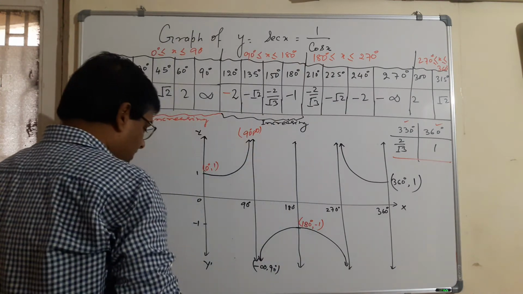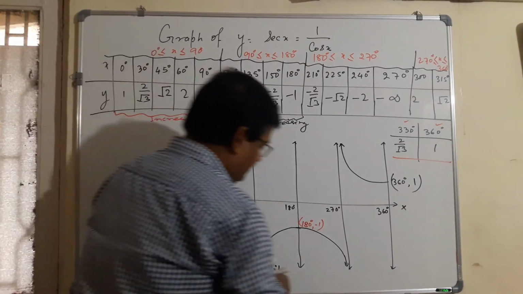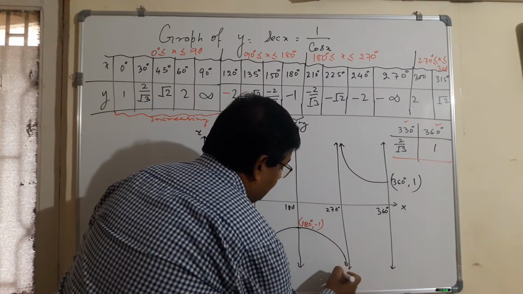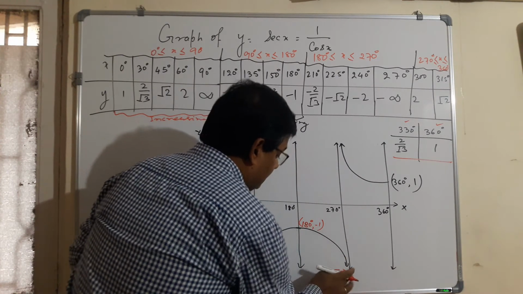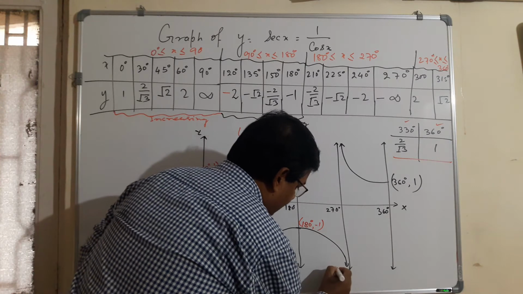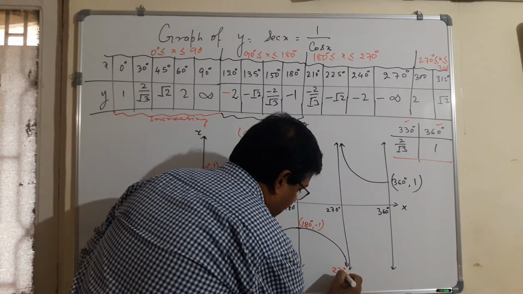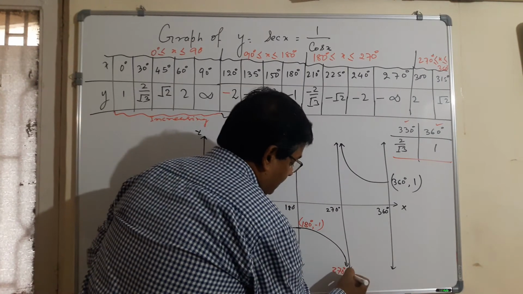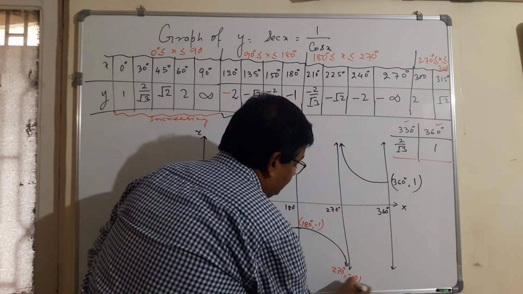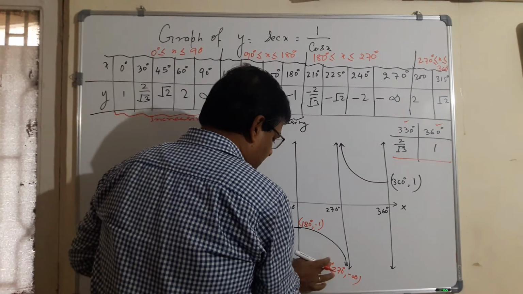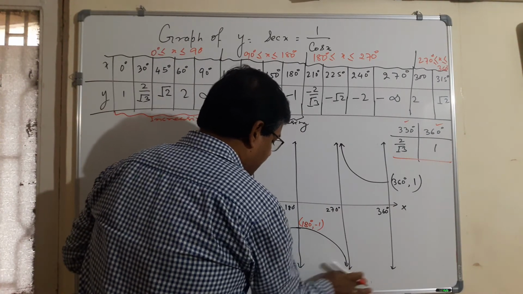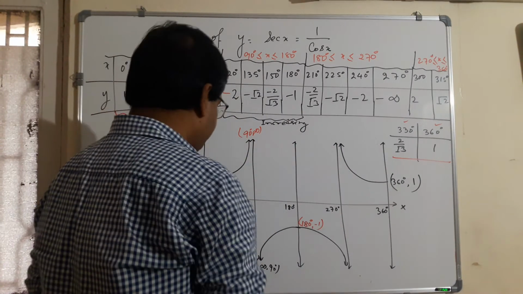Here this side is minus infinity. Here the angle is 270, slightly less than 270, here is minus infinity. So you can directly write going towards minus infinity.